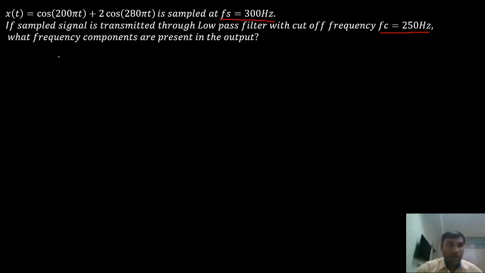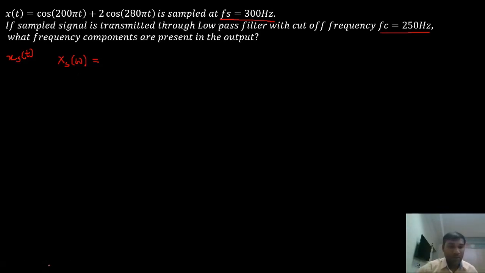For the ideal sampled signal, I will call it Xs of omega. Xs of omega is the spectrum of the ideal sampled signal. My ideal signal is xs of t, and its Fourier transform is Xs of omega. What is the Fourier transform?